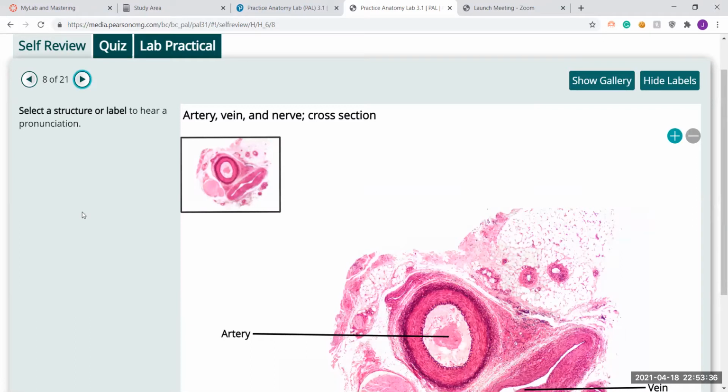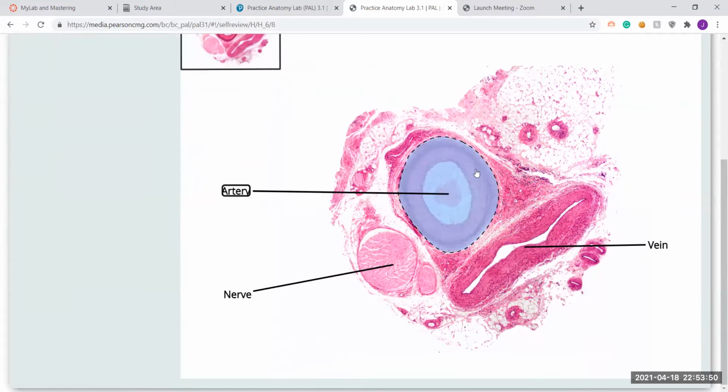Now, this blood is found in the artery and vein. So let's see the structure of artery and vein. This is a transverse section of an artery and vein. You can see here in this diagram.